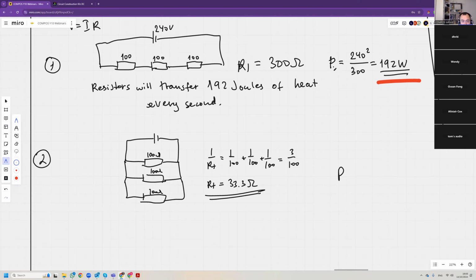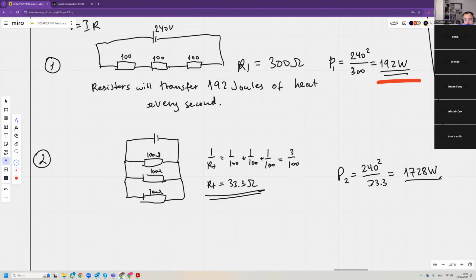So the power output is going to be 240 squared divided by 33.3, which gives us 240 squared times 3 divided by 100. 1,728 watts.